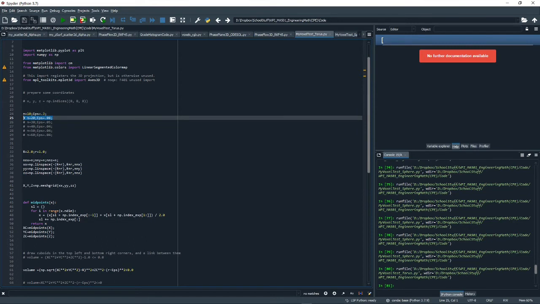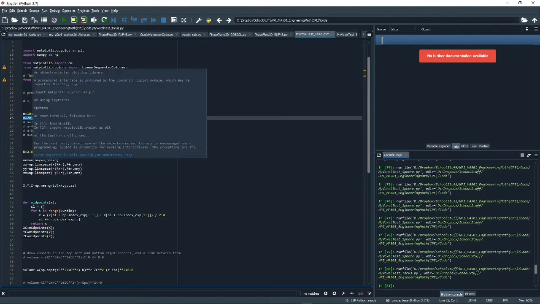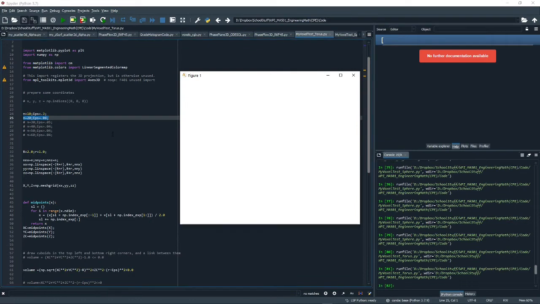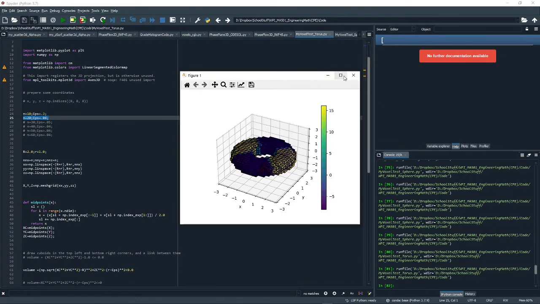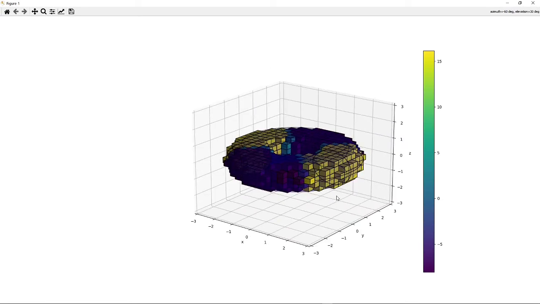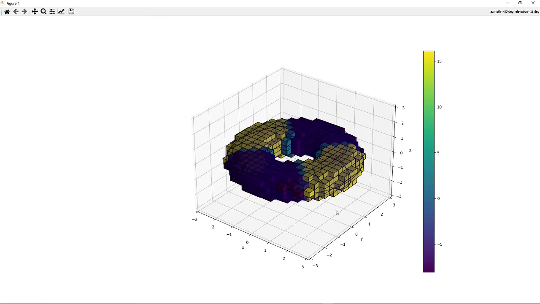This is for 10 cubes. This is for 20 cubes, and you can see that it's definitely getting closer and closer.